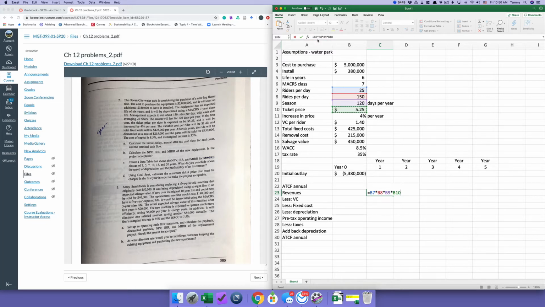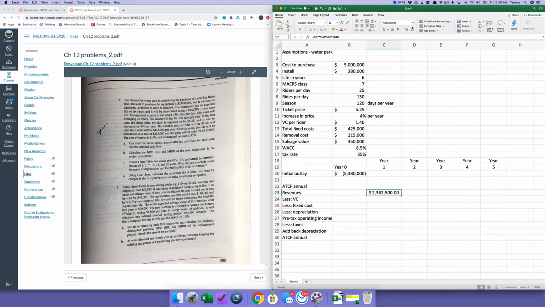Okay, so now the columns, we're going to go ahead and set them to be absolute cell references. Like that. So that's going to be our revenues. Make that $1.